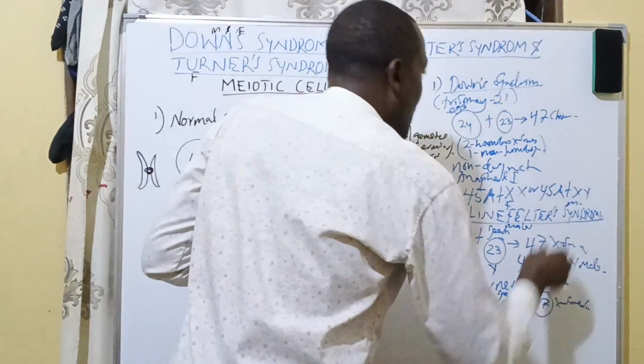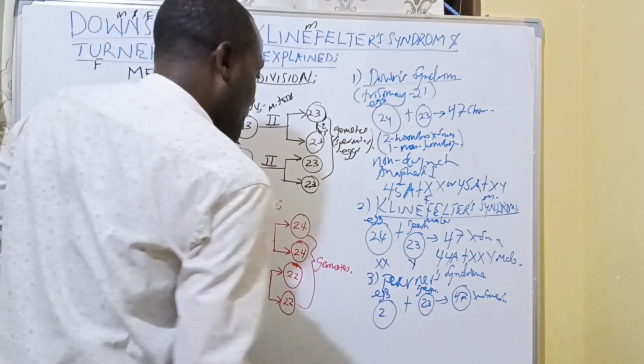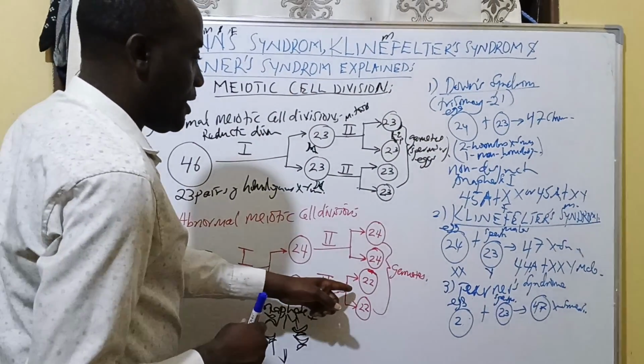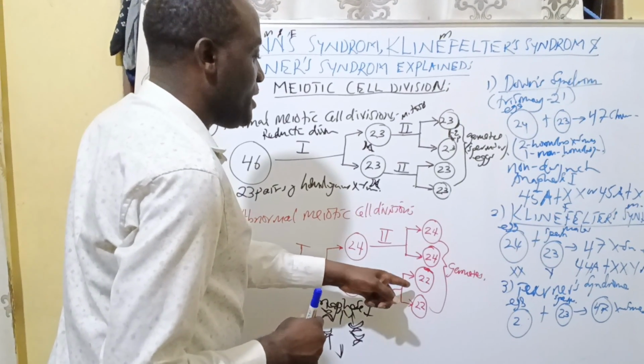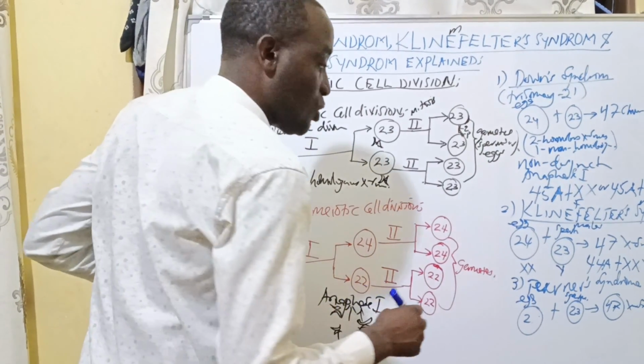Sorry, let me correct a little bit something here. For Turner's syndrome, the egg cell comes when it is having 22 chromosomes but lacking an X chromosome.